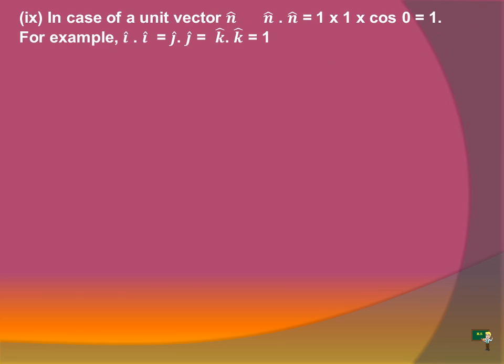Let's see the ninth property. In the case of unit vector n cap, n dot n is equal to 1 into cos 0, which is equal to 1. As you know, cos 0 is equal to 1. For example, i cap dot i cap is equal to j cap dot j cap, which is equal to k cap dot k cap, which all is equal to 1.